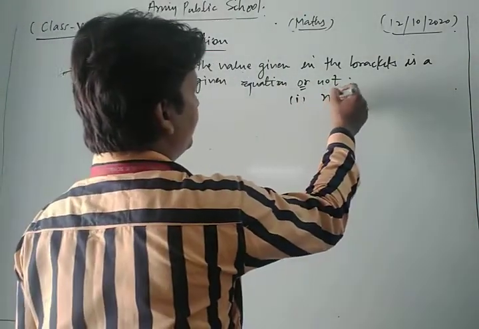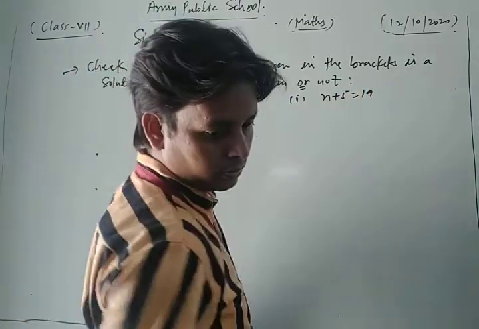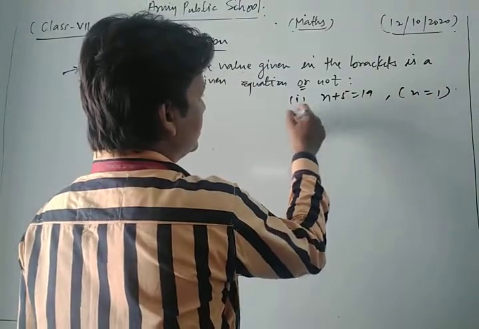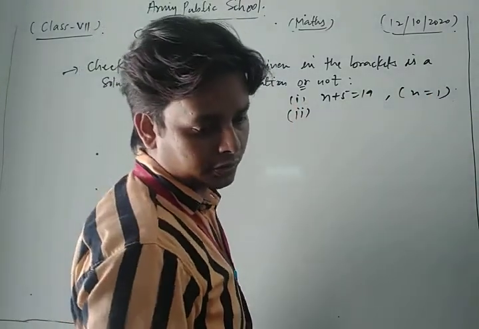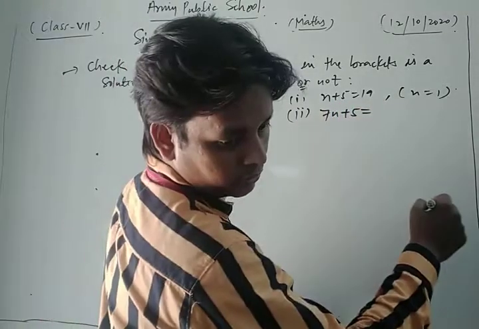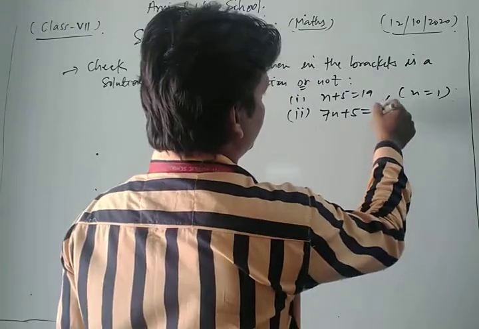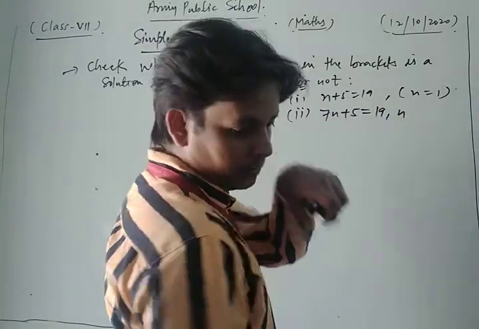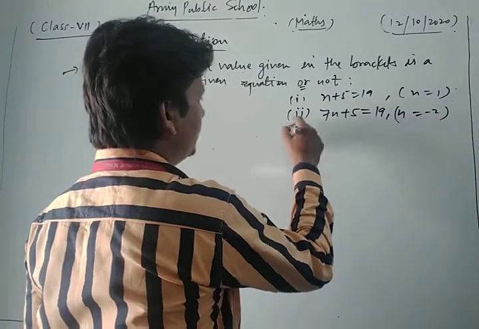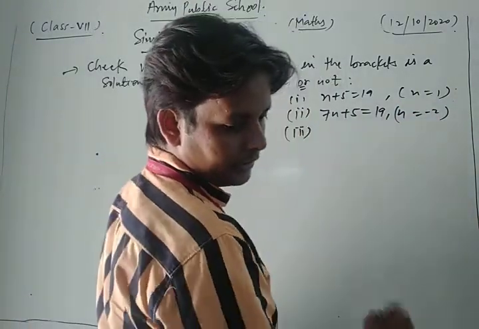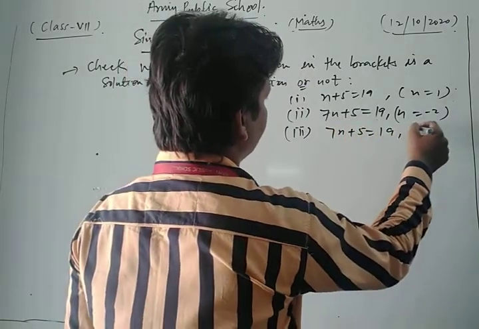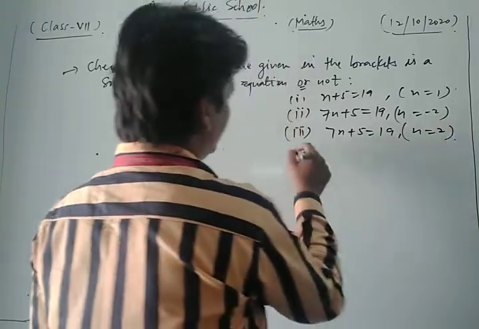Your first question is n plus 5 is equal to 19, and in the bracket is given n is equal to 1. Your second question is 7n plus 5 is equal to 19, and the value of n given in the brackets is minus 2. The third one is 7n plus 5 is equal to 19, given n is equal to 2.